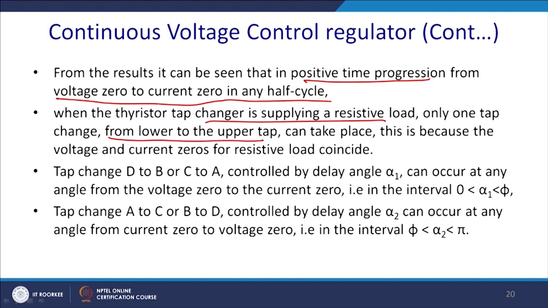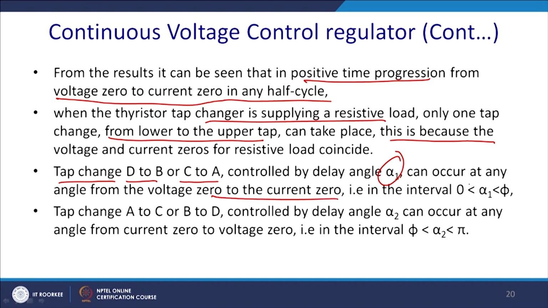That is what we have seen, and this is because the voltage and the current zeros coincide with each other. And the tap change D to B or C to A, controlled by the delay angle alpha, can occur at any angle from voltage 0 to the current 0.